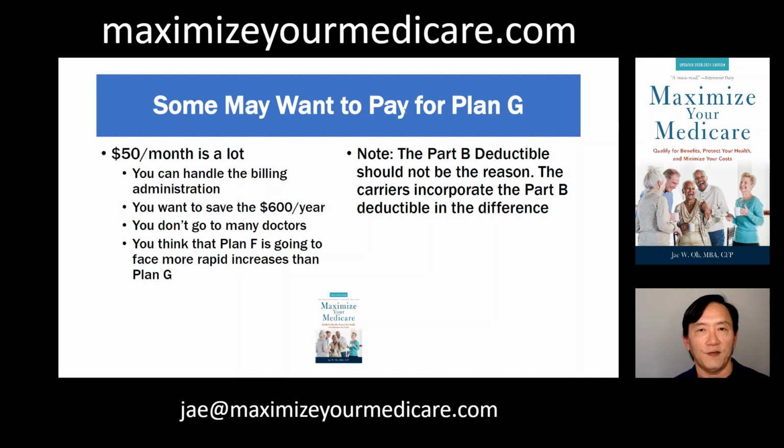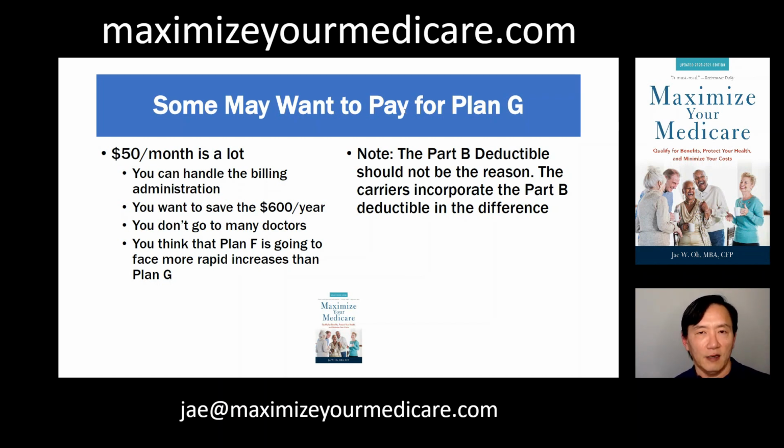Who are you almost definitely that aren't interested in paying for Plan F? You don't go to any doctors. You think that Plan F is going to face more rapid premium increases than Plan G. We're going to address that next. But just know that what's not on this list is the idea that you think that the Part B deductible will increase.